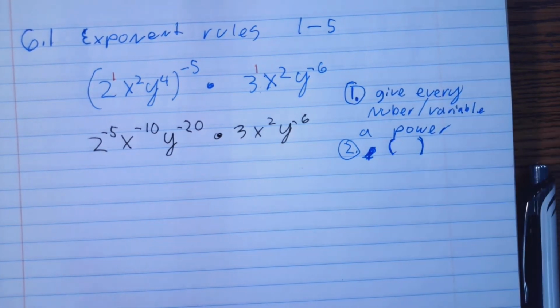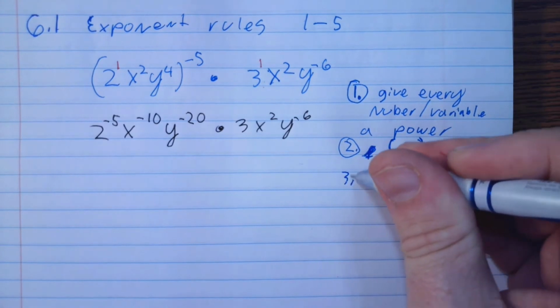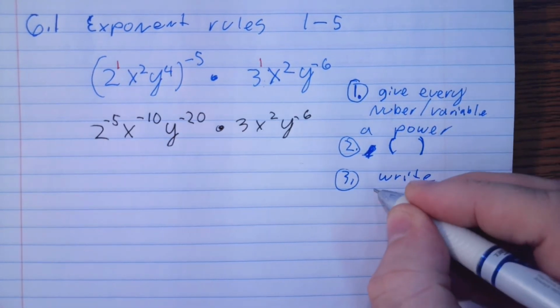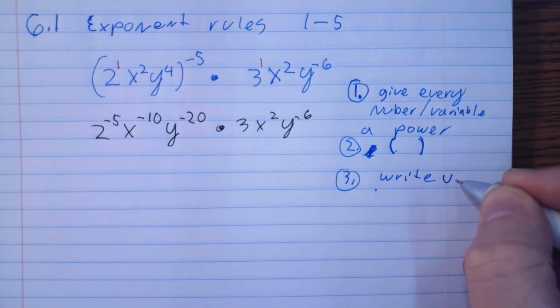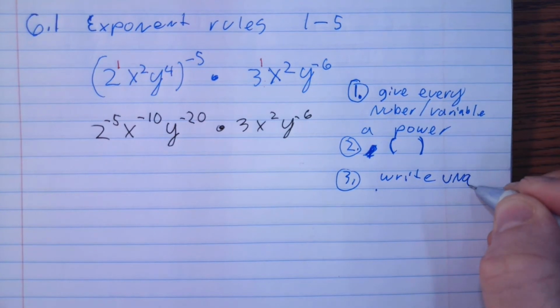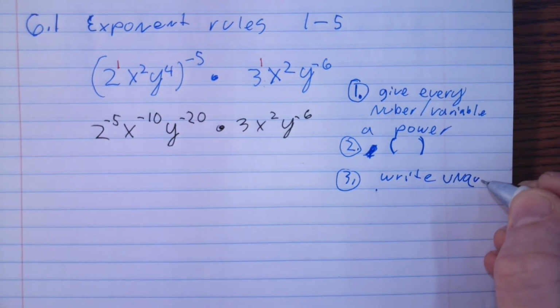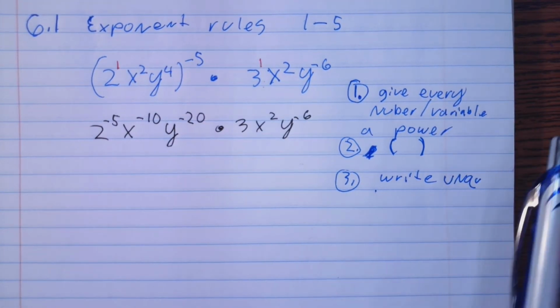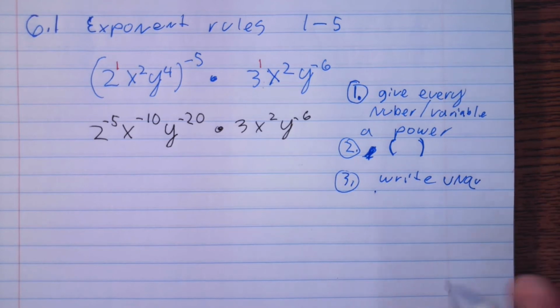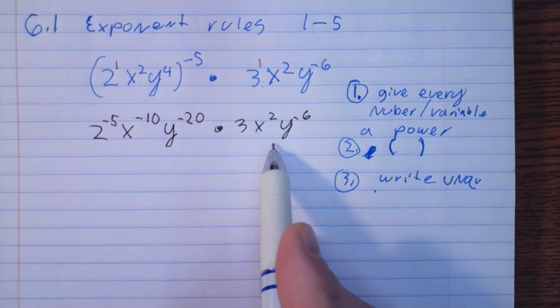So the third step is we're going to write unique bases. I'm going to spell it wrong again. That's what's going to happen. Unique bases.